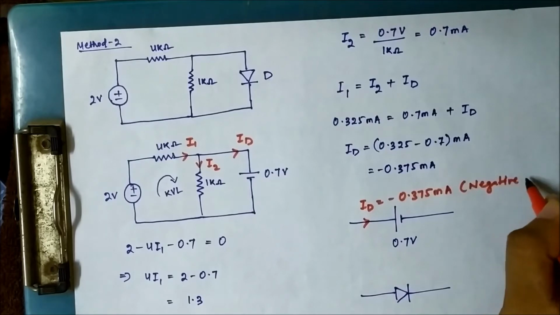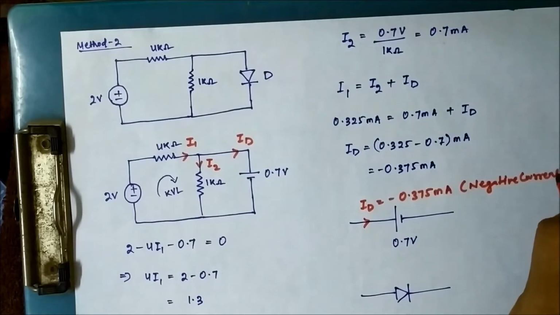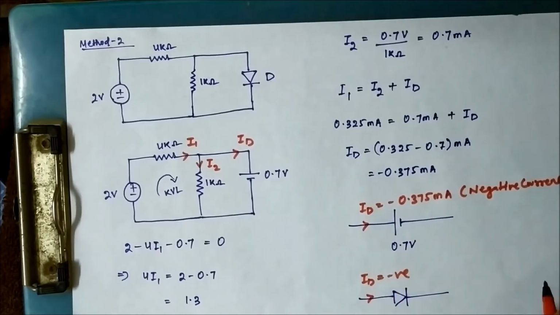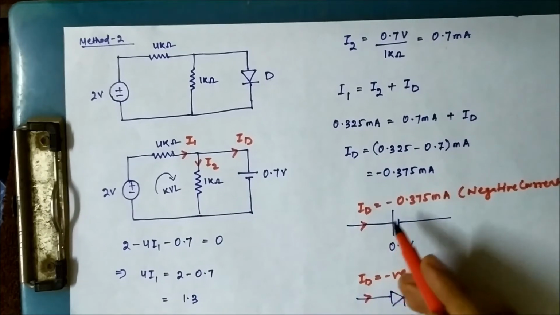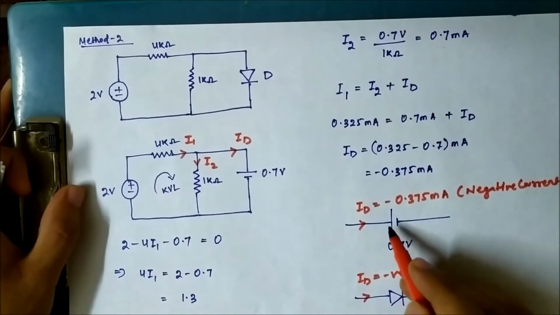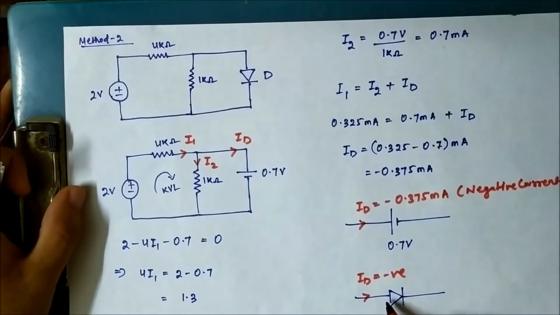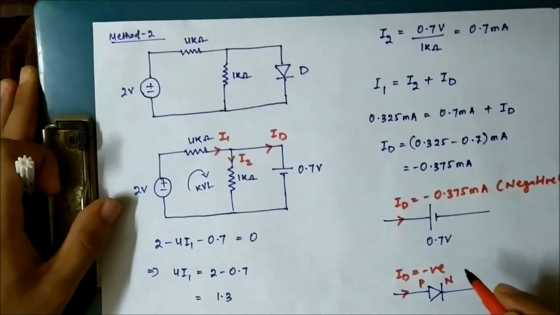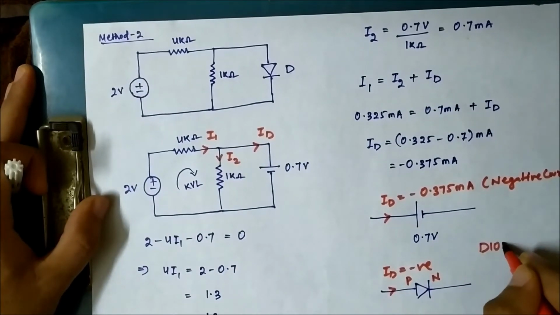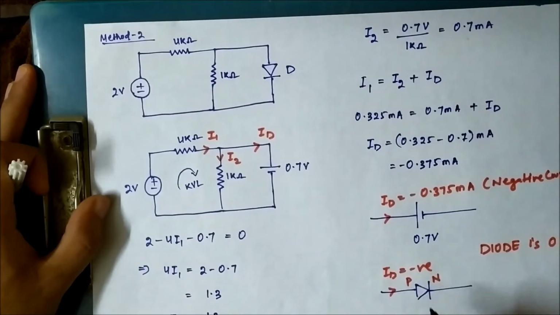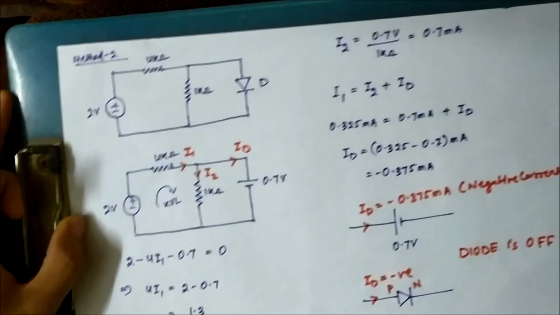Whenever the current flowing through the diode from P to N direction comes out negative, you can say that the diode is off.